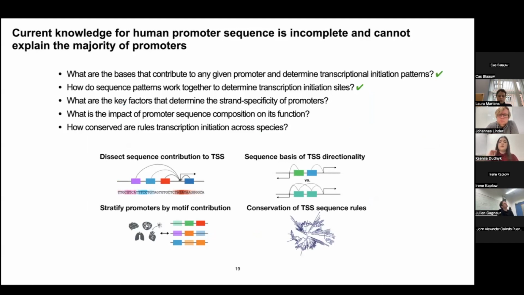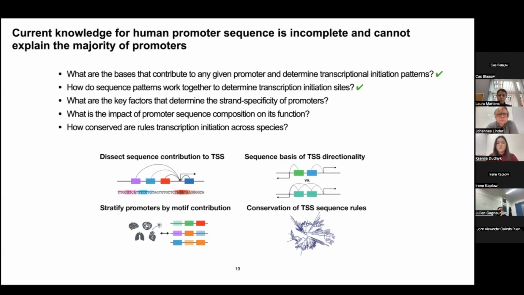So using Puffin, we now can compute how every base pair contributes to transcription initiation. We also now know what sequences define the promoter in the human genome and how those sequence patterns interact with each other and how they form the signal. But there are several fundamental questions about transcription initiation that are not completely clear.